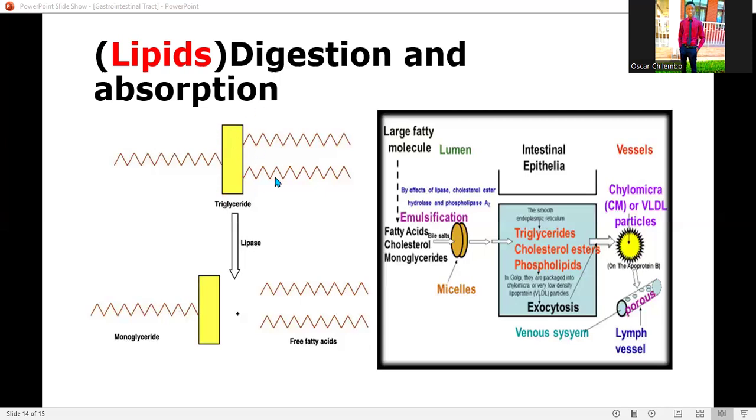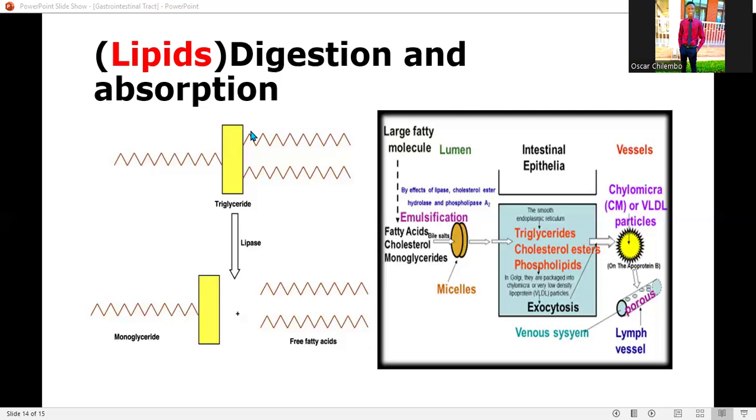What really happens is that the bile salt breaks down these bigger molecules of lipid by the process of emulsification. Now the bile salt has created room and surface area for lipase to act on them. Then the lipase action becomes so simple.